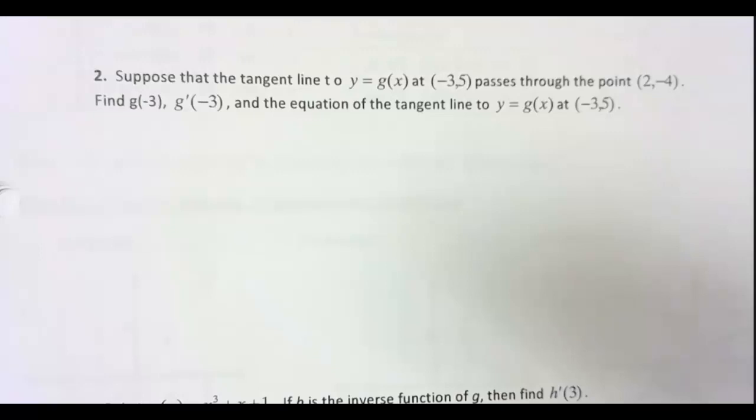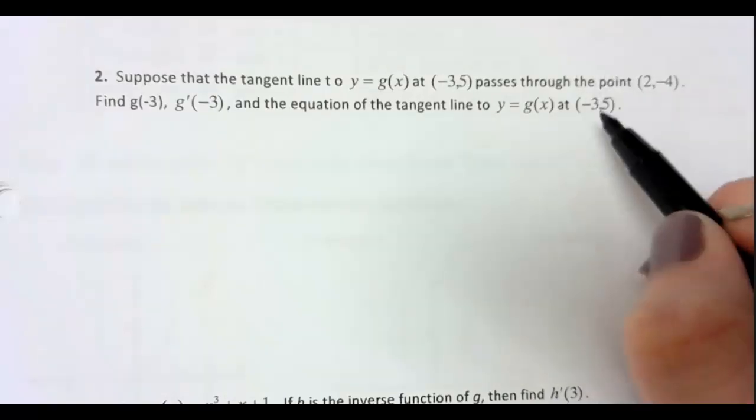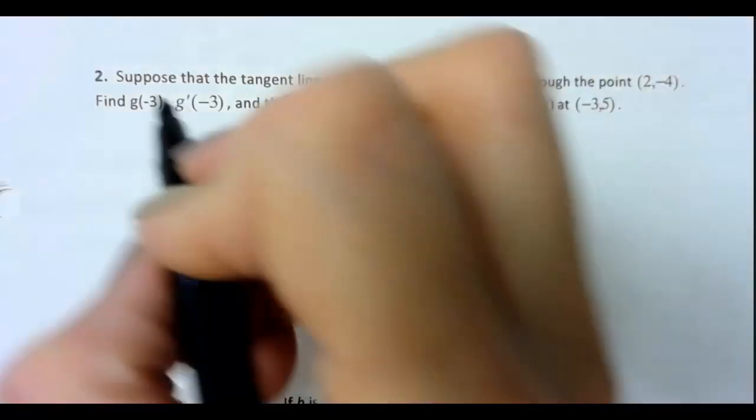Find g of -3, g prime of -3, and the equation of the tangent line to y equals g of x at the point -3, 5. So, we're given the point -3, 5. That's kind of like saying g of -3 equals 5.